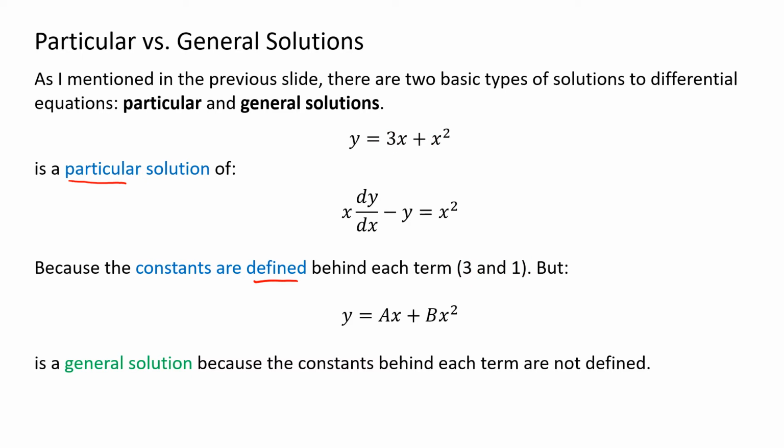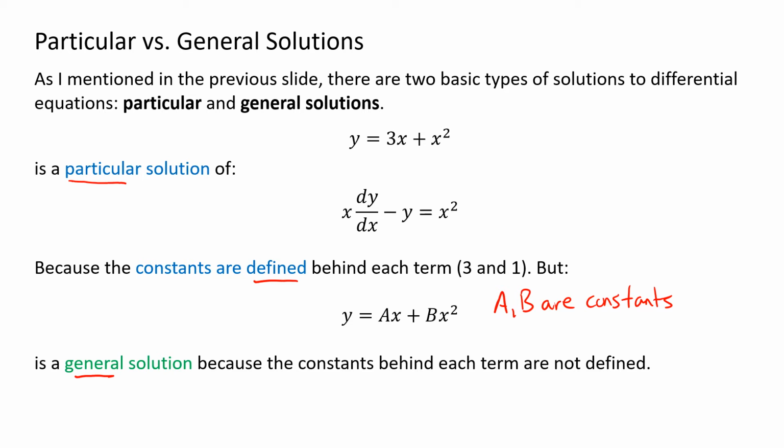But that same equation, y equals a times x plus b times x squared, where a and b are constants, is still a solution for specific values of a and b, but in this case it's called a general solution because those constants are not defined.